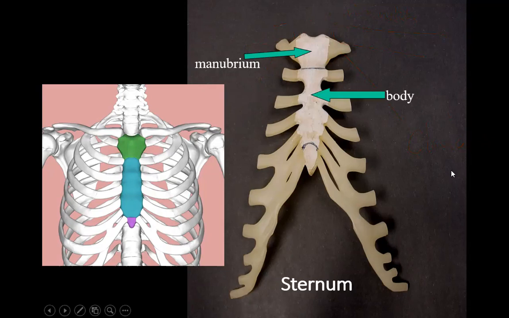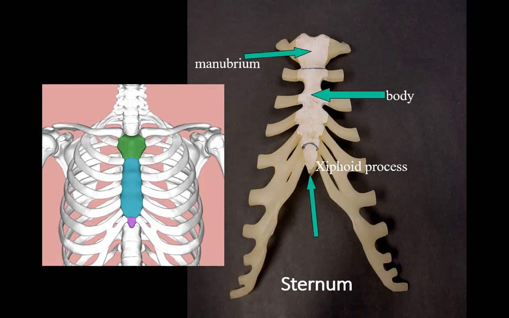The body of the sternum, the center portion there that you can feel, you can put your hand on your chest and rub it up and down right in the center line, and you're going to touch the body of the sternum. And down here is what's called the xiphoid process. The xiphoid process is a great landmark.